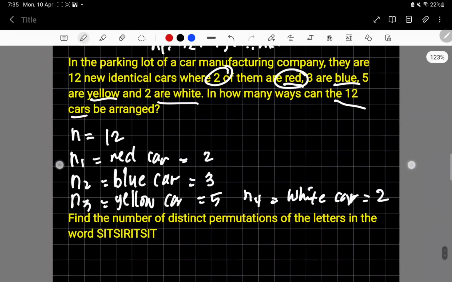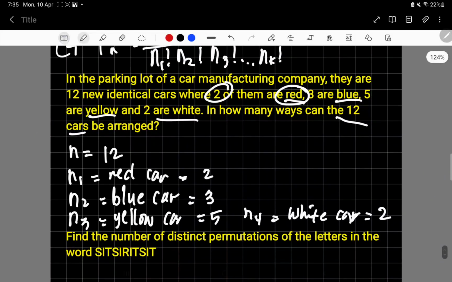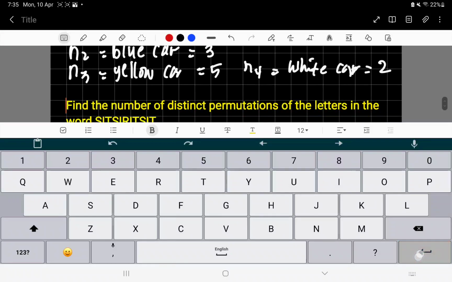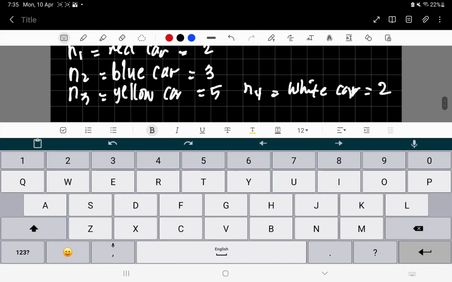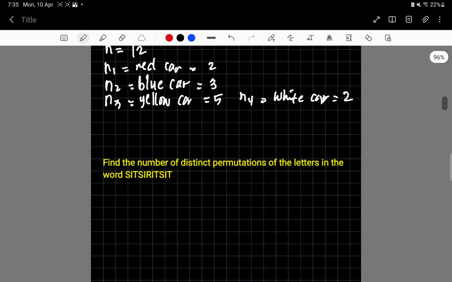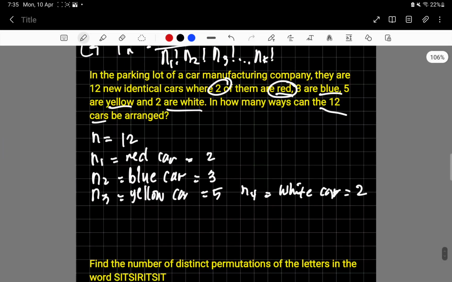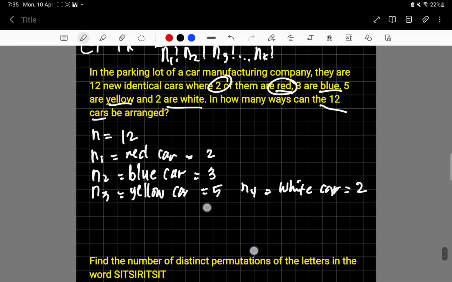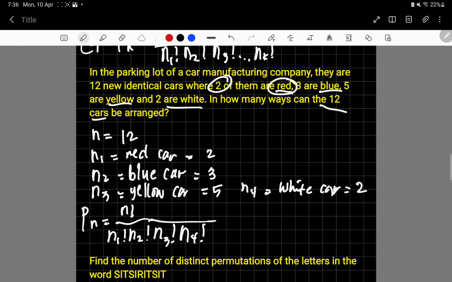So, applying the formula of a distinct permutation, wait lang, baba ko lang to. Okay. So, applying the formula of a distinct permutation na P sub n is equal to n factorial over n sub 1 factorial times n sub 2 factorial times n sub 3 factorial times n sub 4 factorial.